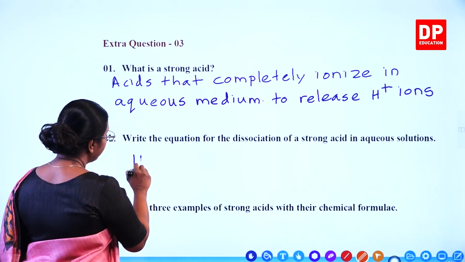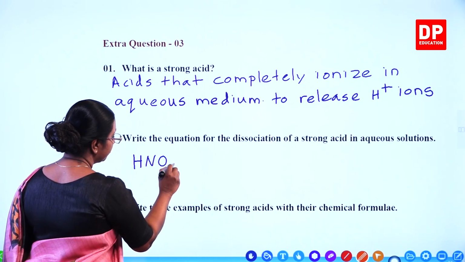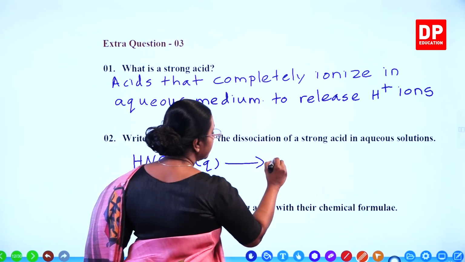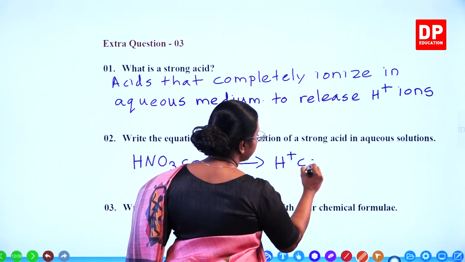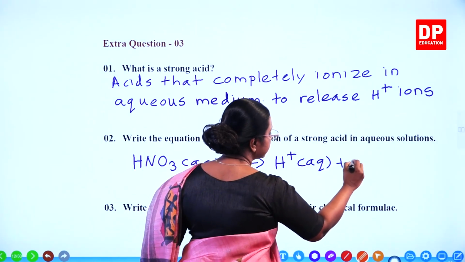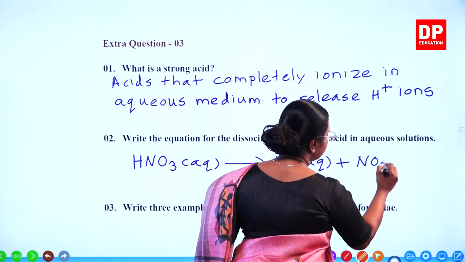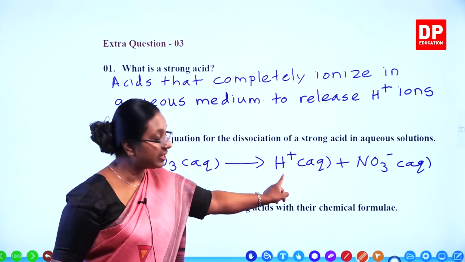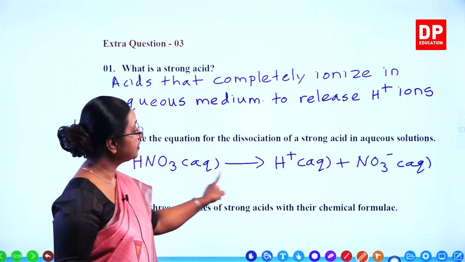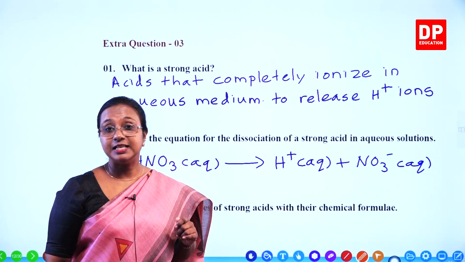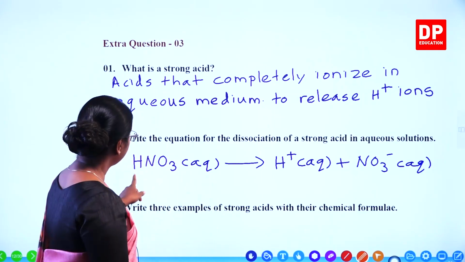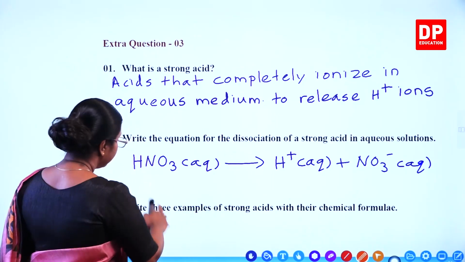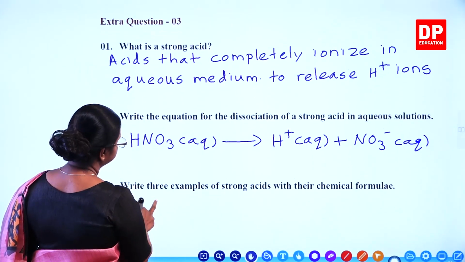I will write for nitric acid, HNO3 aqueous dissociates to form H plus aqueous and NO3 minus aqueous. Always H becomes H plus, the rest of the species becomes the negative ion, nitrate ion. Nitric acid forms H plus ions and nitrate ions. Then the next question.